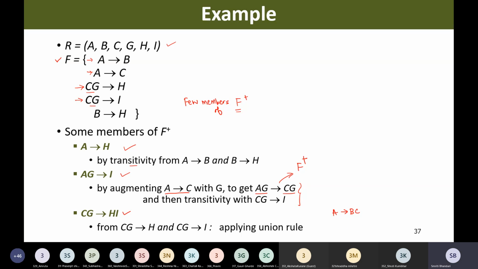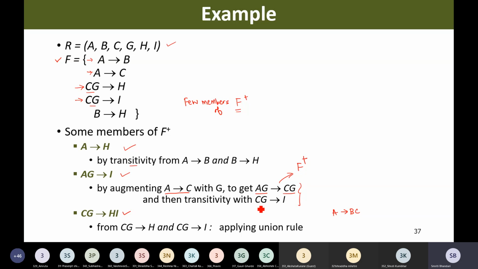So lots of different functional dependencies that we may add in our F plus. So you may have similar kind of questions in your exam. Given the relational schema and also the set of functional dependencies, compute the members of F plus.